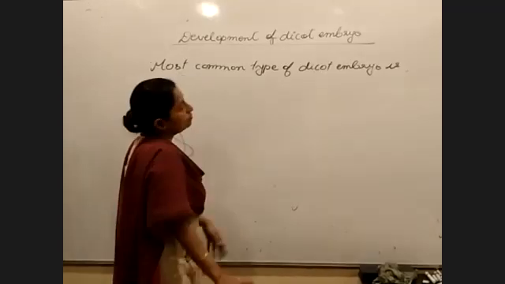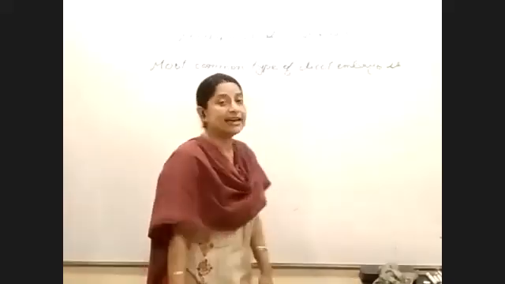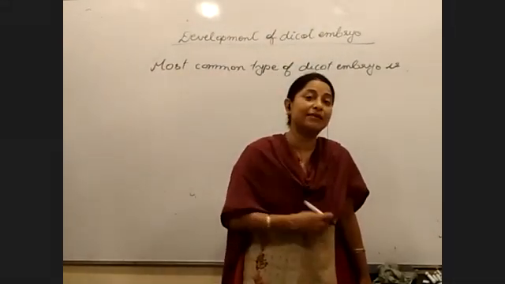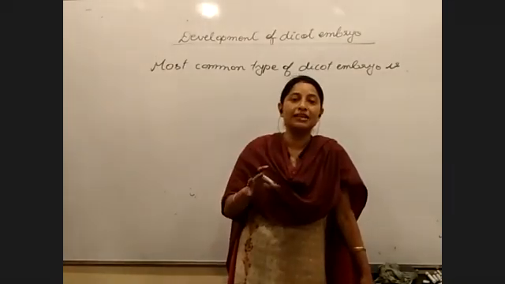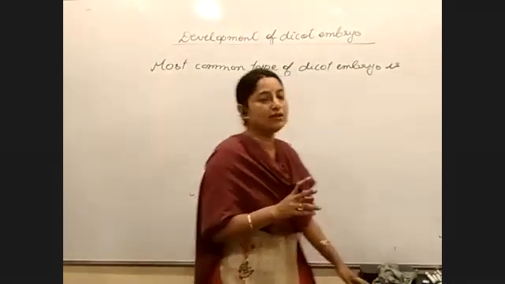When we say dicot embryo, there are so many dicots, right? There are many dicot plants. But the most commonly studied embryo, which one is it, that is something we are going to write.